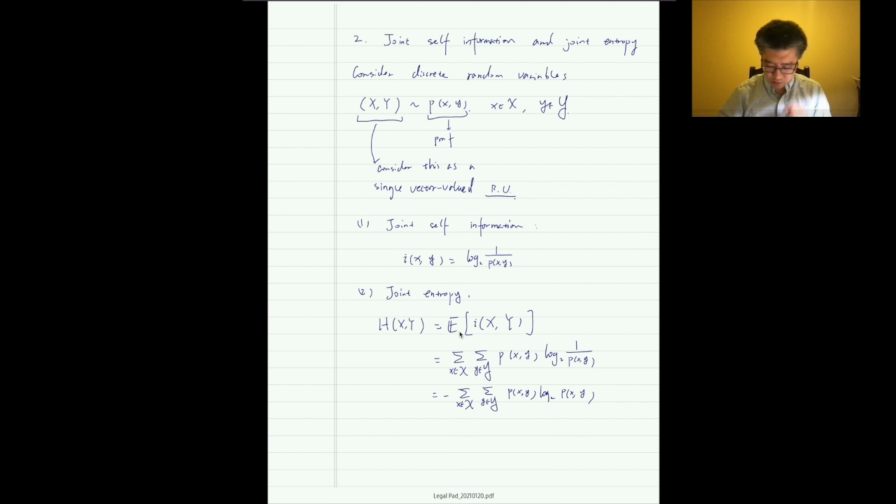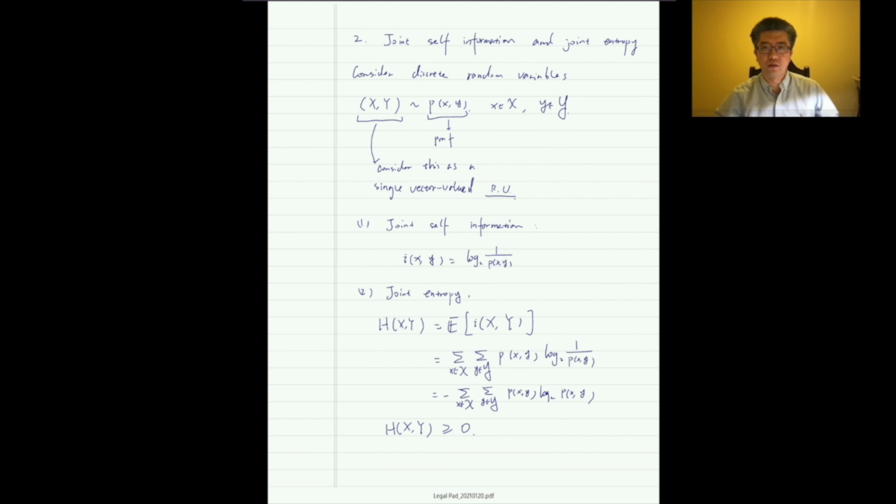This is the definition of the joint entropy, and clearly the joint entropy is also bigger than or equal to 0. From here we can generalize it to any finite number of random variables.